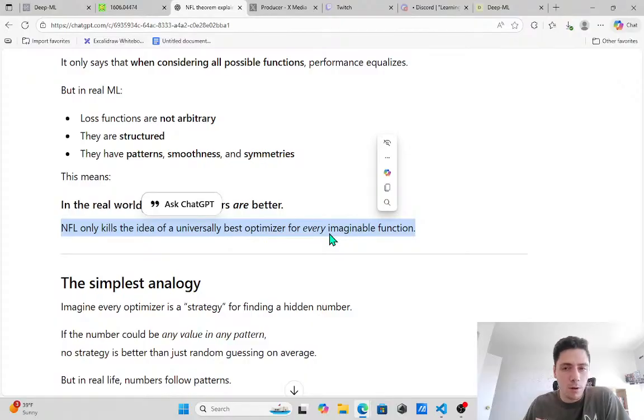I guess all real, because I'm assuming there has to be some underlying mechanism to these loss functions that we can pick up things relatively quickly.